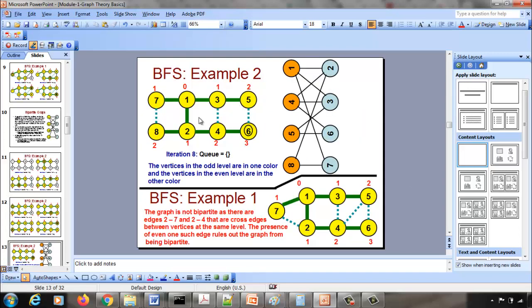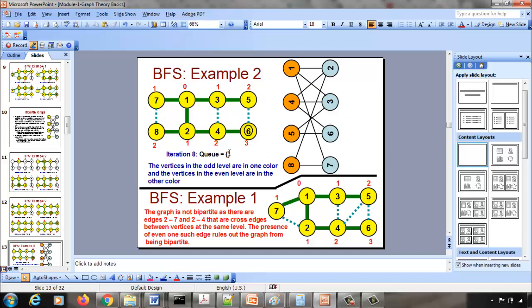So the vertices with even level numbers are 1, 4, 5 and 8. The vertices with odd level numbers are 2, 3, 6 and 7. Now just put together the edges in this graph on this partition visualization.